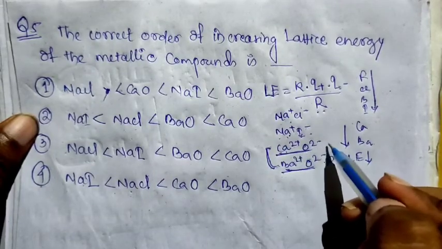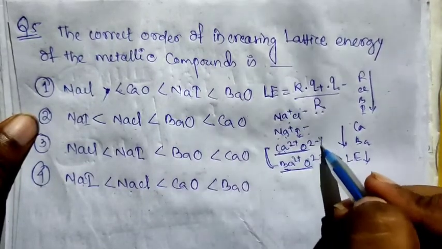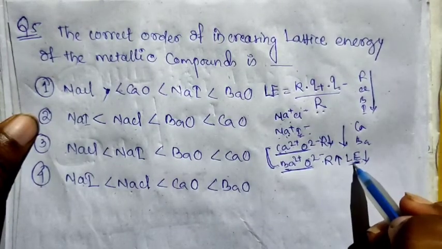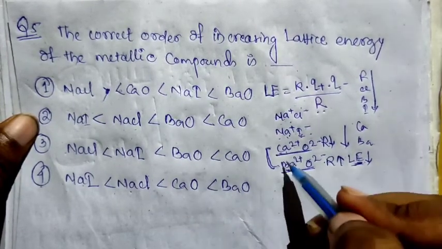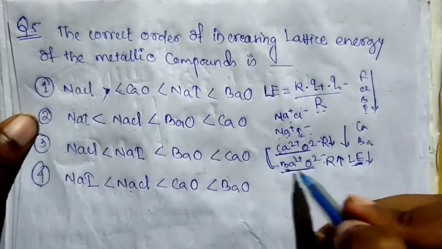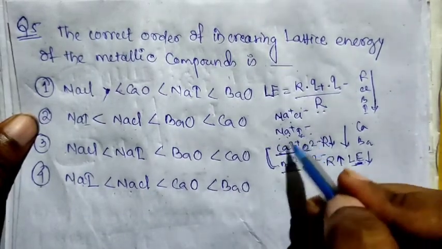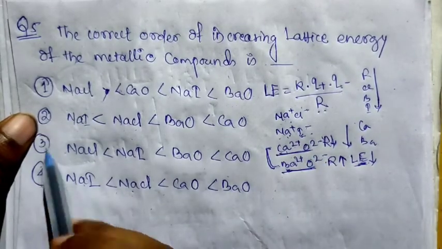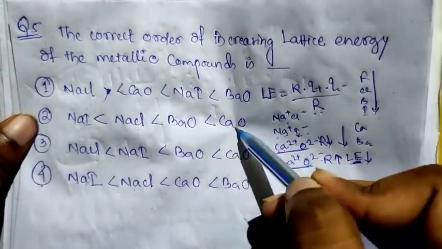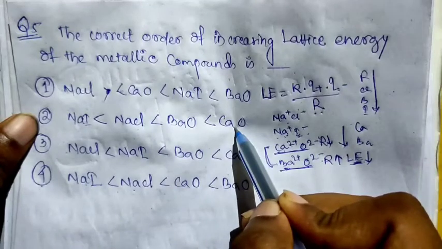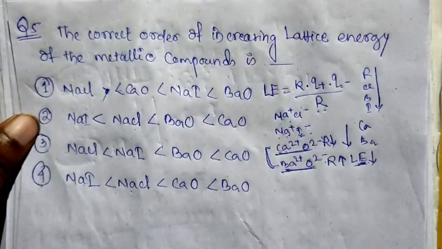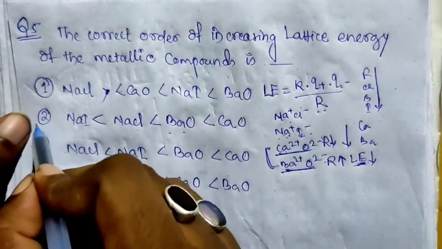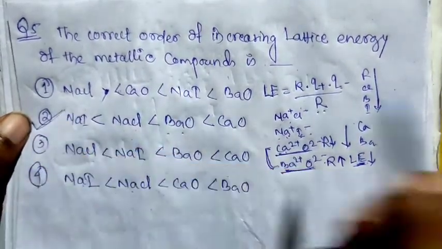Similarly, calcium oxide has less ionic radii but more lattice energy. So between calcium oxide and barium oxide, calcium oxide has more lattice energy. So in options 2 and 4, calcium oxide is more lattice energy than barium oxide. So option 2 is the correct one. Okay.